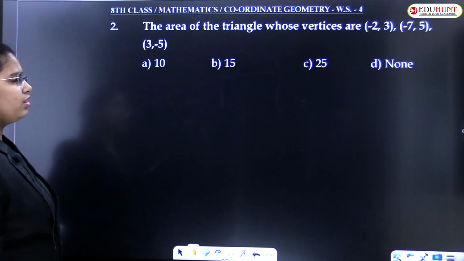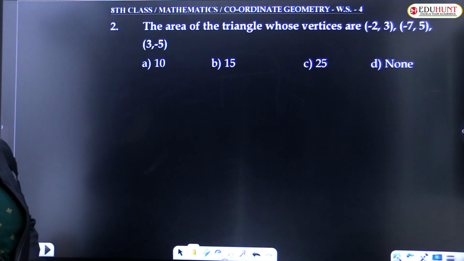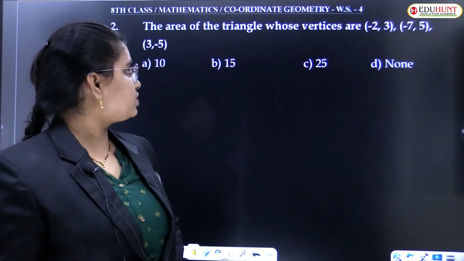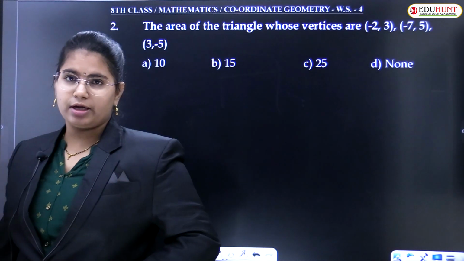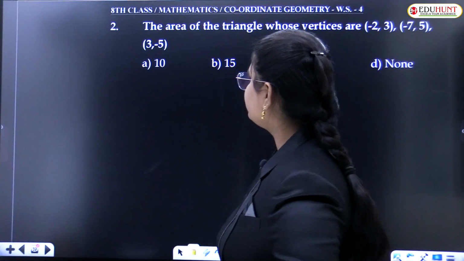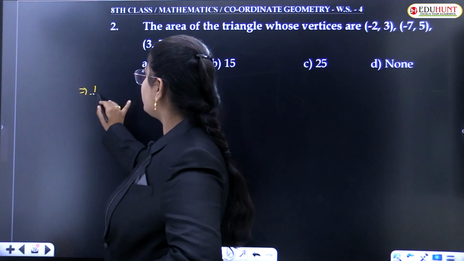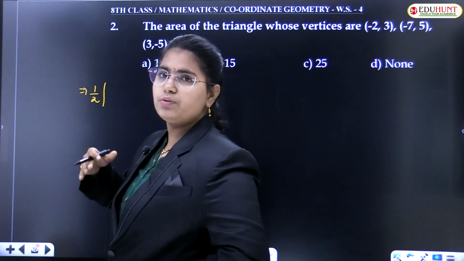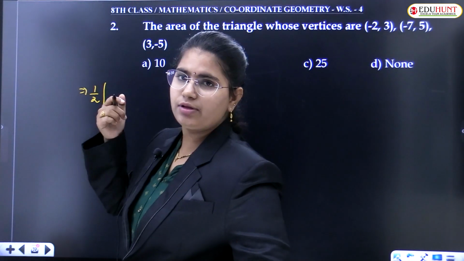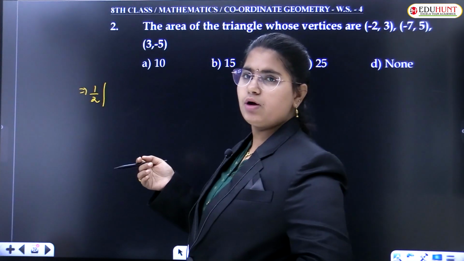The area of triangle, here also it is quite a simple problem. The area of triangle whose vertices are minus 2 comma 3, minus 7 comma 5 and 3 comma minus 5. I just told you, if you are familiar with 3 vertices and you need to find the area of triangle, what is the formula?